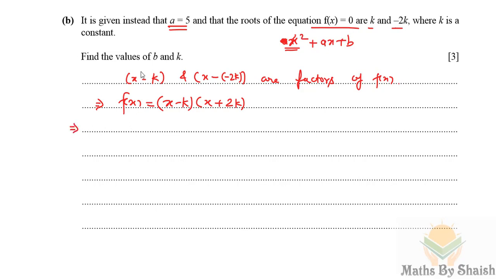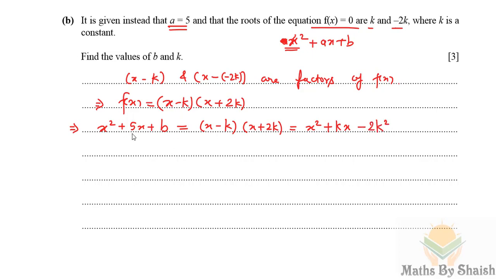Now we will compare, and a is given 5, so we have x square plus 5x plus b is equal to x minus k into x plus 2k, or we will expand this and we will get x square minus k plus 2k is plus k x and minus 2k square.